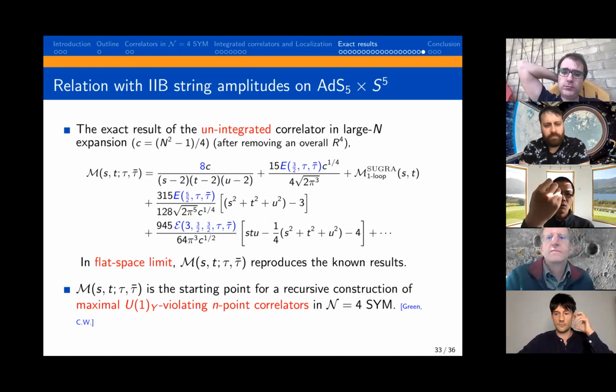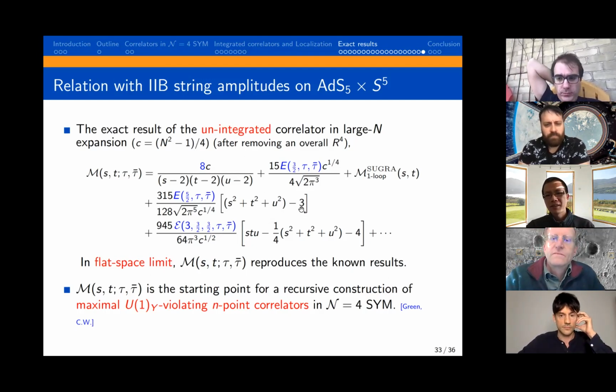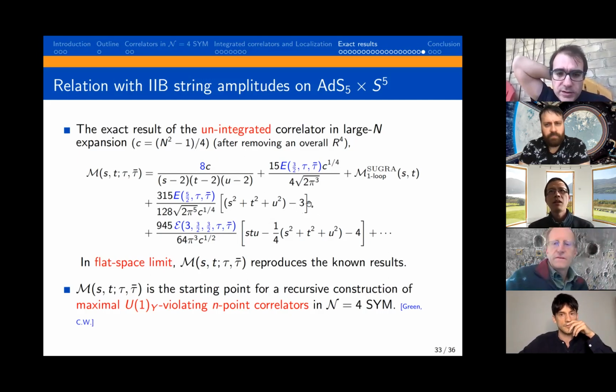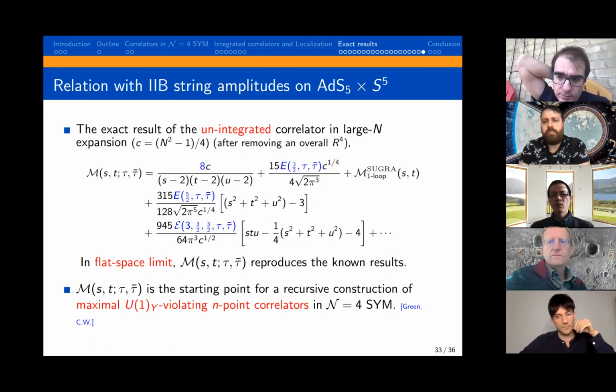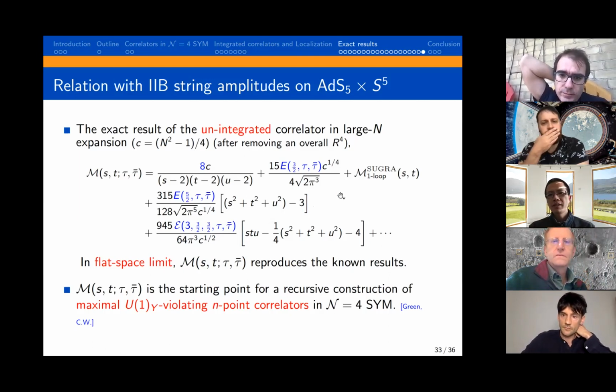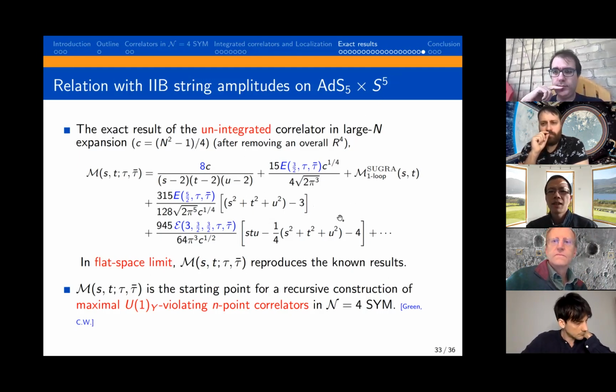So basically, if the derivatives go to S5, then you don't see the derivative from the AdS point of view, right?